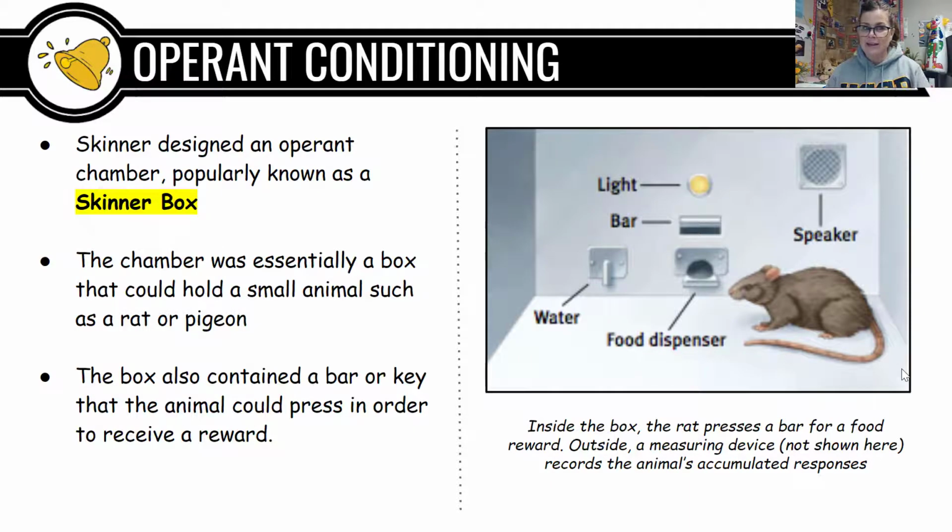He would use rats. And there would always be some sort of bar or key that the animal could press. And so we know that we respond well to reinforcements and punishments. But what Skinner wanted to know was exactly how did that happen?